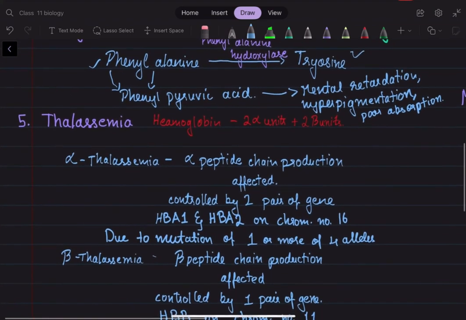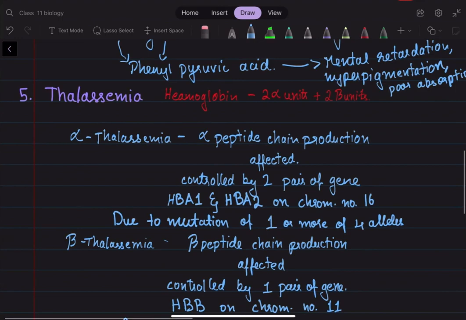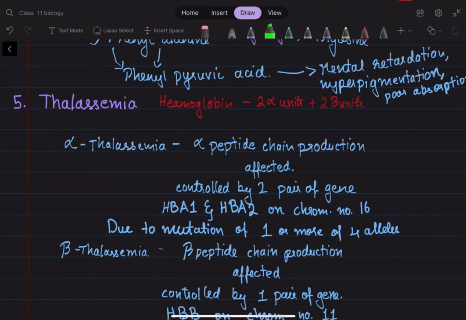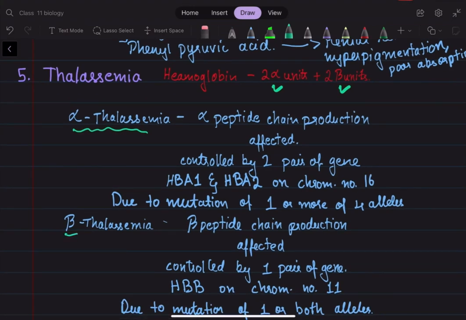Next is thalassemia. In thalassemia, there are two types, alpha thalassemia and beta thalassemia. We know that hemoglobin consists of two chains, two alpha chains and two beta chains. When the production of the alpha chain is affected, we call it alpha thalassemia, and when the production of the beta chain is affected, we call it beta thalassemia.